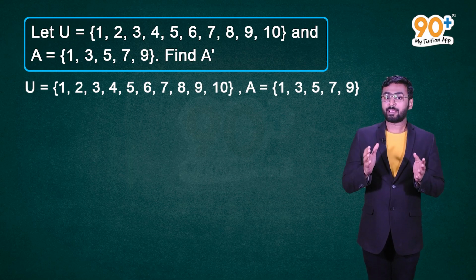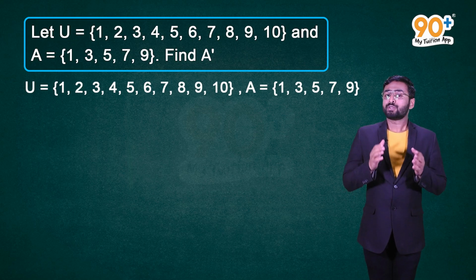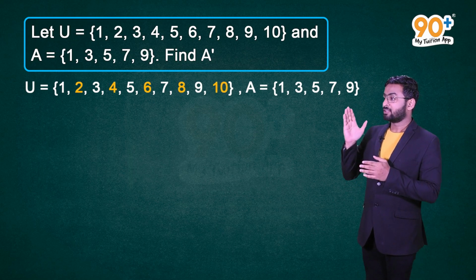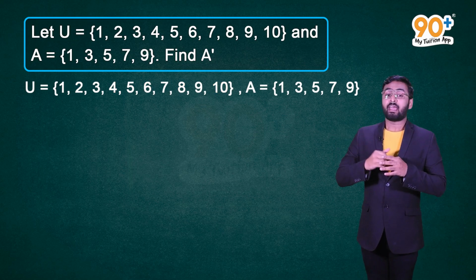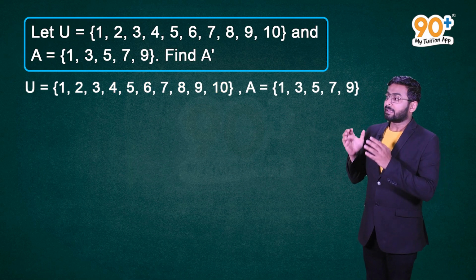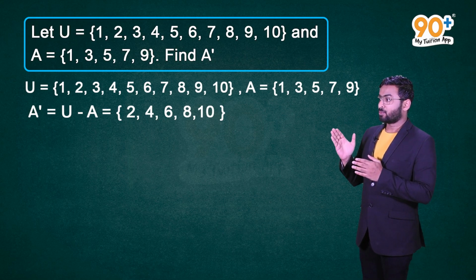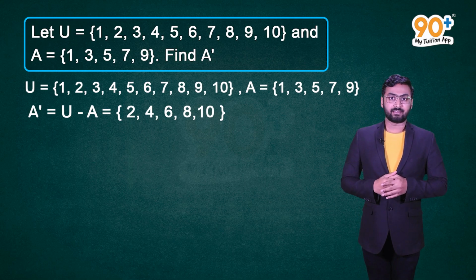So, here A complement will be the set of all the elements of U which are not in A. So, what are those elements? We can see that they are 2, 4, 6, 8 and 10, and we can write this as A complement is equal to U minus A, which is equal to set 2, 4, 6, 8 and 10.